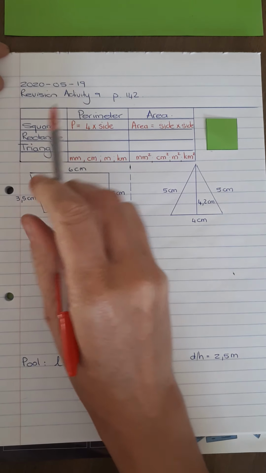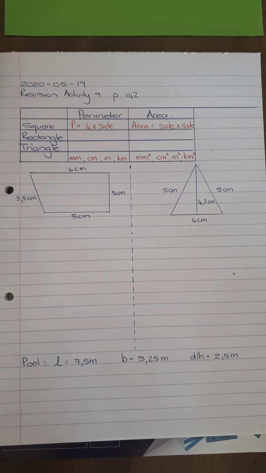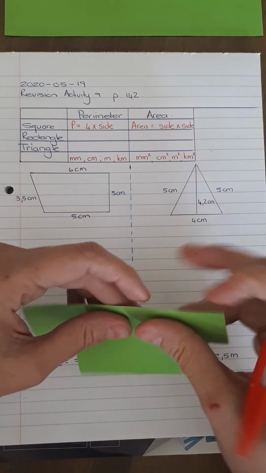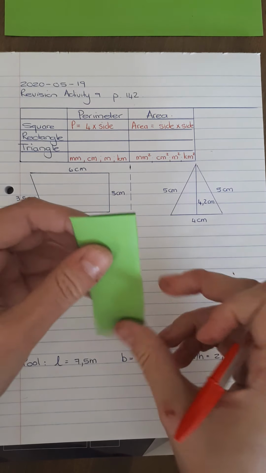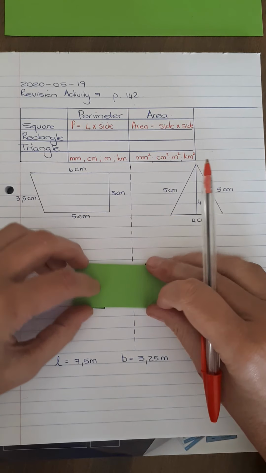Now the rectangle. So if I look at a rectangle, here I have a rectangle. There's my rectangle.